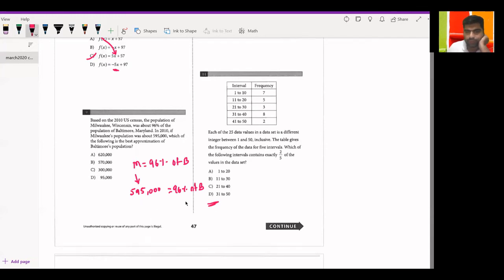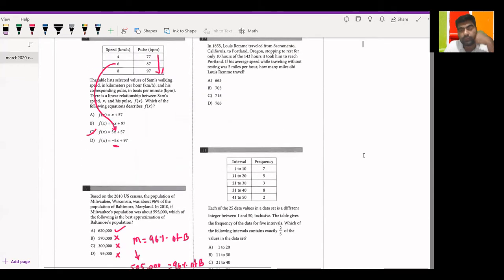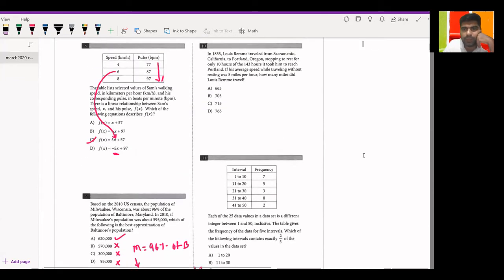So it cannot be B because it's less. It cannot be C, it's less. It cannot be D, it's less. So A. I don't even have to do the calculations. Number 10.